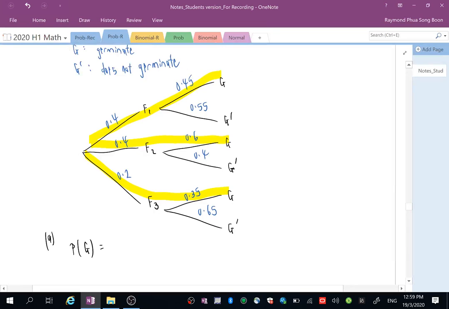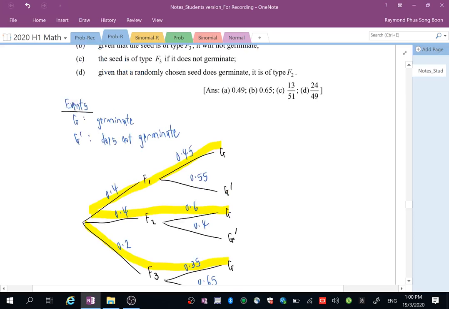So we need to sum up all the probabilities. It will be 0.4 times 0.45 plus 0.4 times 0.6 plus 0.2 times 0.35. Pressing your GC, you can get the answer.